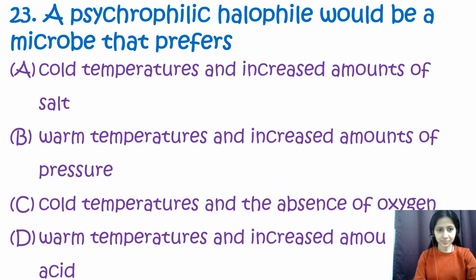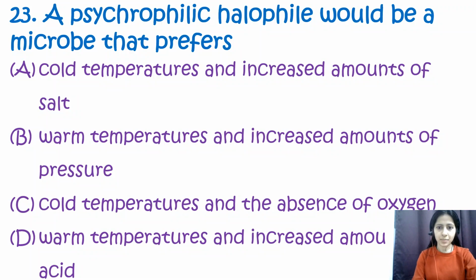Question number 23. A psychrophilic halophile would be a microbe that prefers option A, cold temperature and increased amount of salt, B, warm temperature and increased amount of pressure, C, cold temperature and the absence of oxygen, D, warm temperature and increased amount of acids. So actually psychrophile: psychro means cold, and phile means loving, that is cold loving.